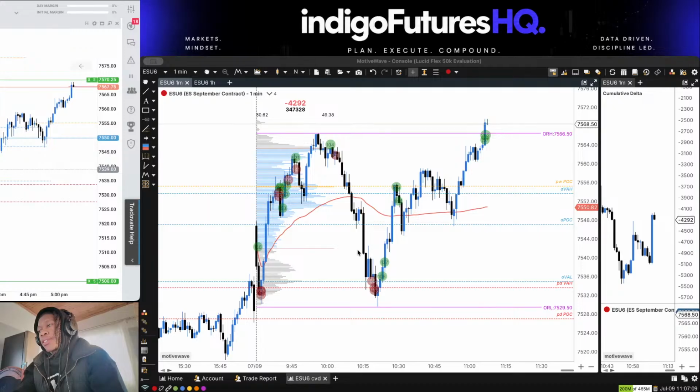Any second now. Which does kind of put us back in the same position we were in. So, retest of initial balance. If they find support here, then back up. $466 again.